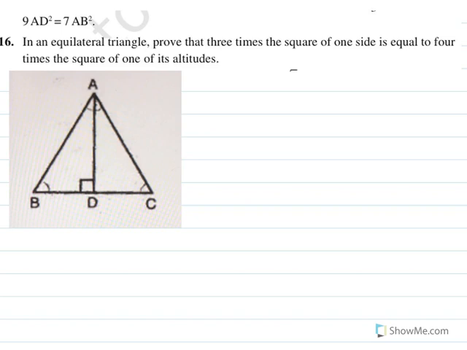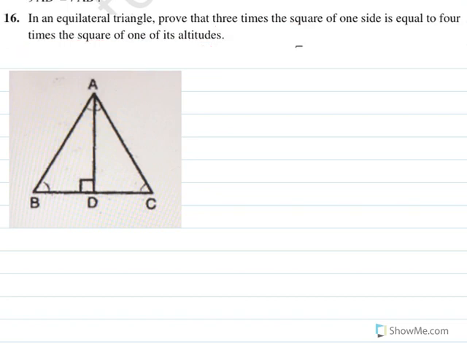In an equilateral triangle, prove that 3 times the square of one side is equal to 4 times the square of its altitude. So first we need an equilateral triangle. So given triangle ABC is equilateral, and then we need an altitude, right?